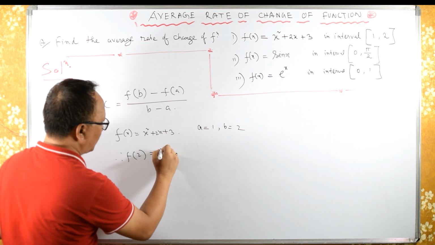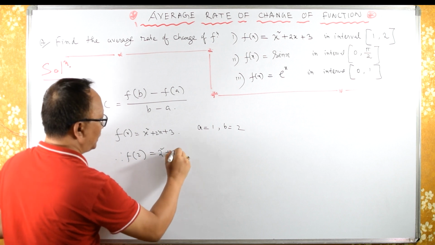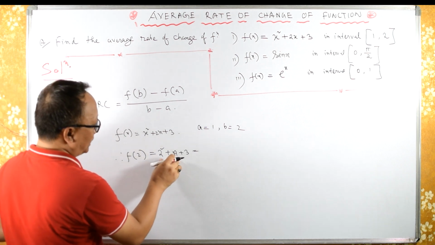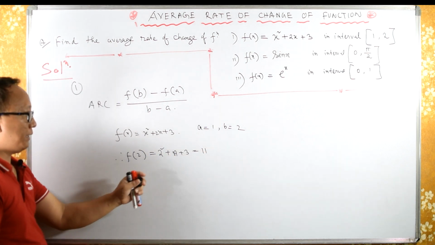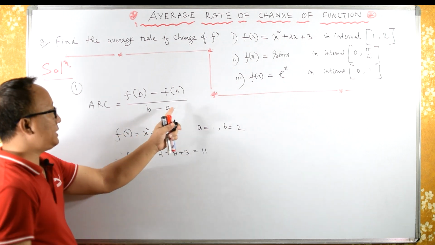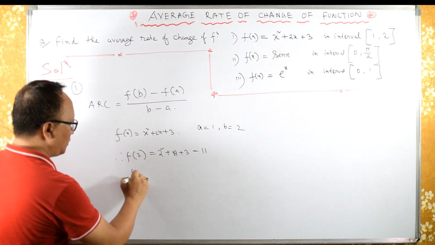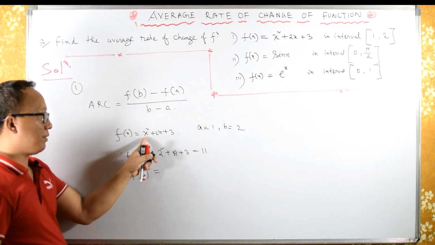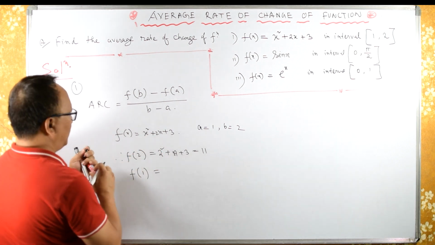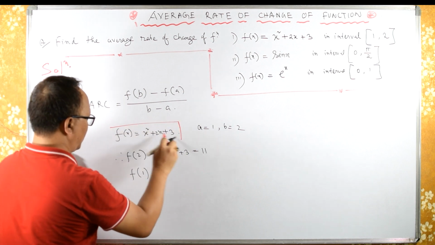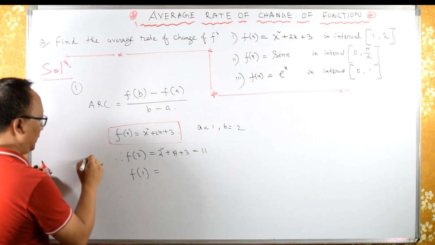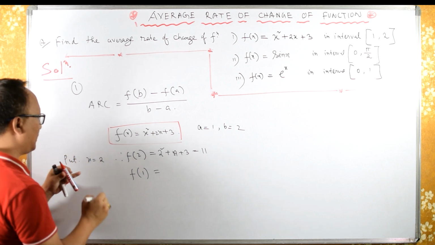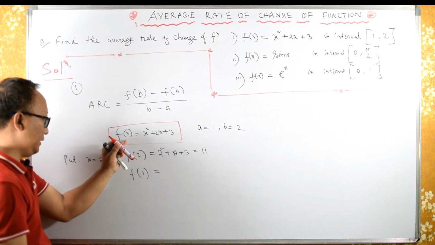Here you will get 2 square plus 2 into 2 is 4, plus 3, equals 4 plus 4 is 8, 11. I am substituting x equals 2 in this function.